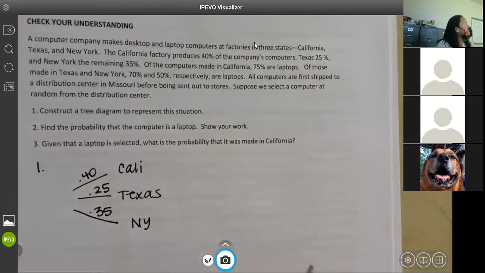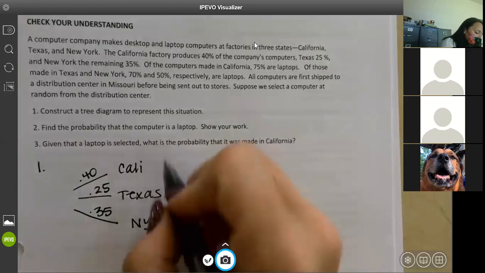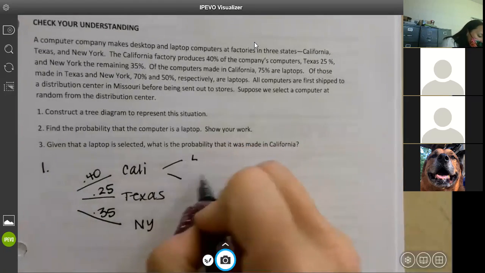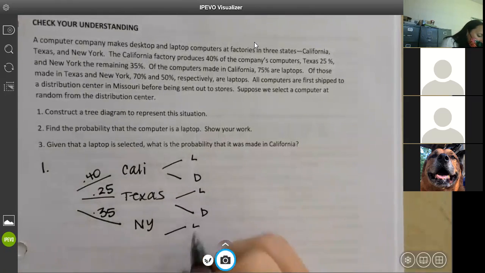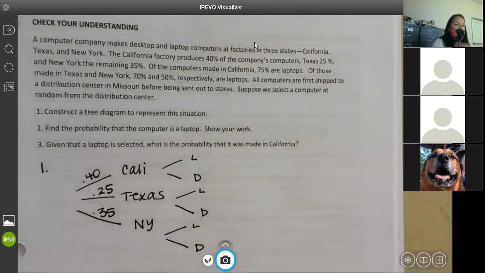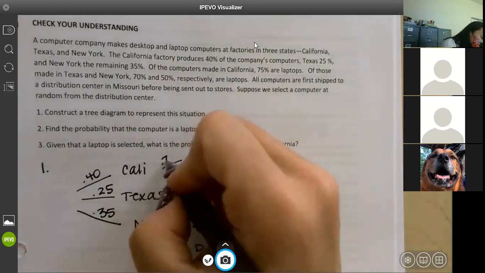What kind of computers? Laptops or desktops? Of the computers made in California, 75 are laptops. So California, 75 are laptops.